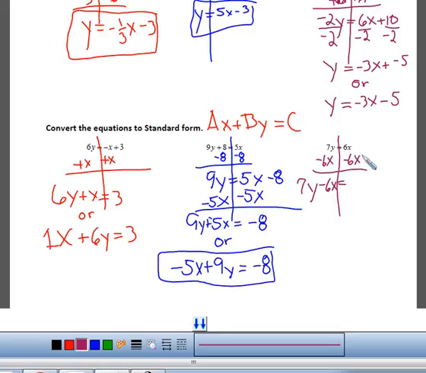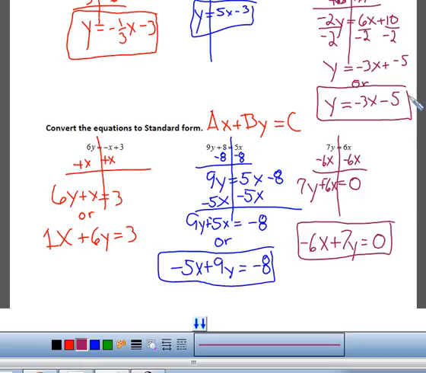Well, 6x minus 6x, that's 0. So, again, we have a subtraction situation. If I want to put the term with the x in front, I'll treat it like I'm adding a negative. And so I get negative 6x plus 7y equals 0. And that will be my final answer.